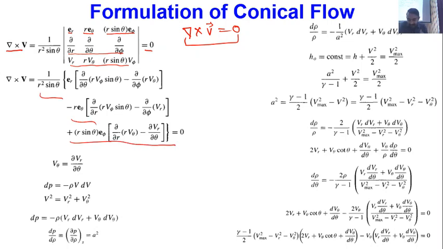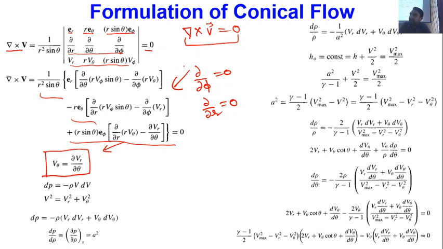Now in this equation I have to introduce two conditions: del by del phi equal to 0 and del by del r equal to 0. If you introduce these two conditions, finally you get v theta equal to del vr by del theta. So the condition of irrotationality gives me v theta equal to del vr by del theta.